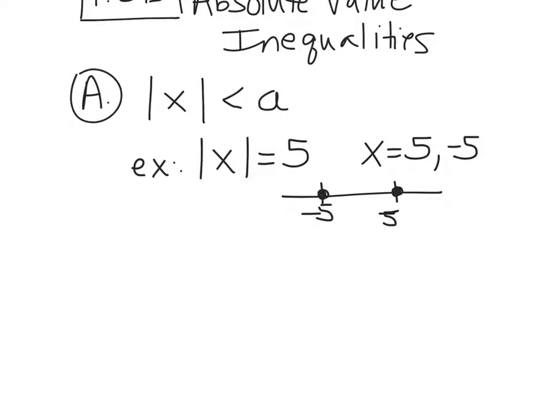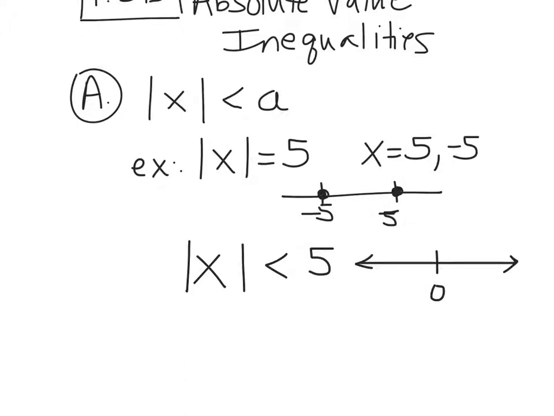Now, today we're going to talk about what happens when we have the absolute value of x is less than 5. So I want you and me to think about some numbers that would work in that inequality. Give me an example of one solution.